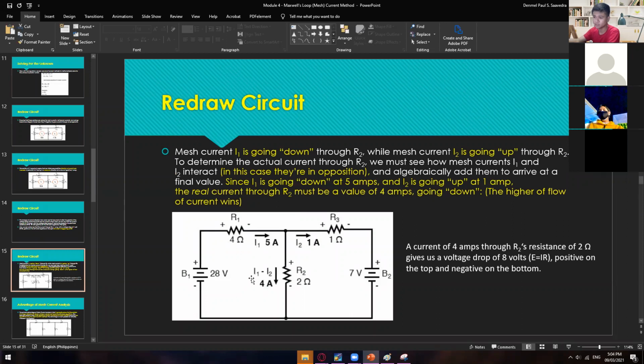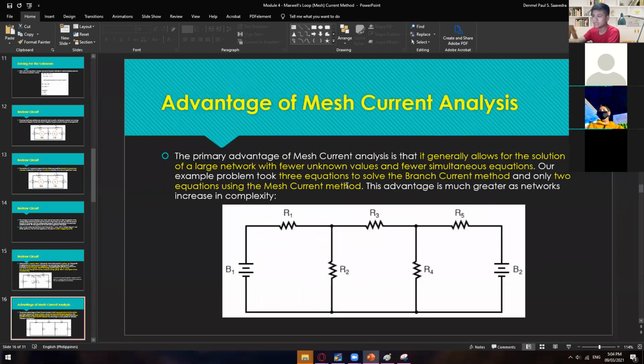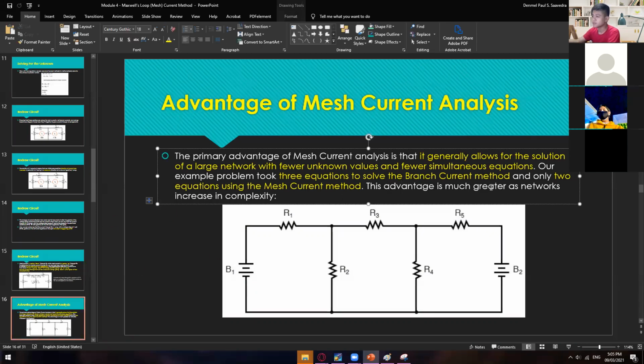So 1 equation for loop 1 and another equation for loop 2. In that case, it is a lot easier to solve simultaneous equations, rather than having 3 or 4 equations.